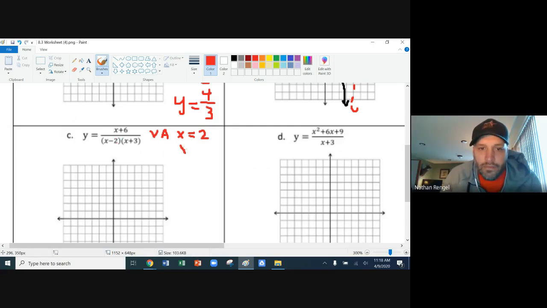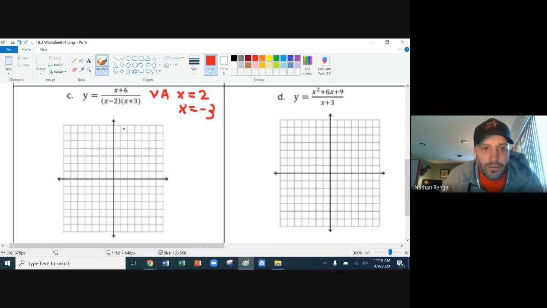X plus 3 would make a point of discontinuity at negative 3. So those are both my vertical asymptotes. So we'll do x equals 2 right here. Graph it, x equals negative 3 right here. And there we go. So there's my vertical asymptotes.